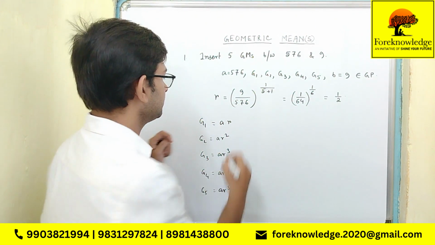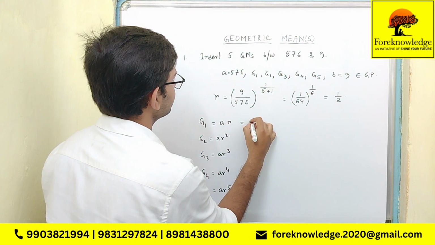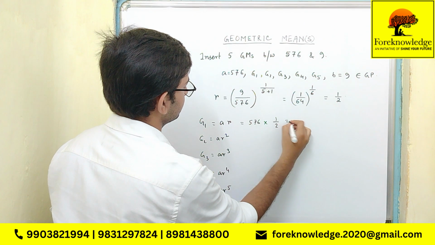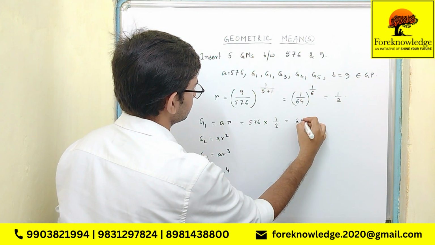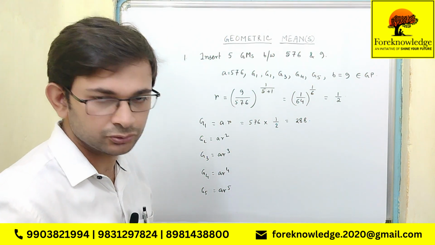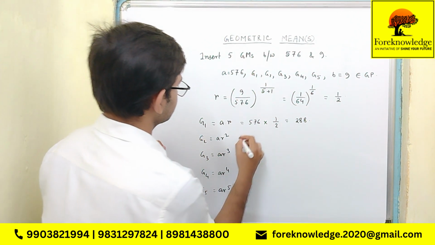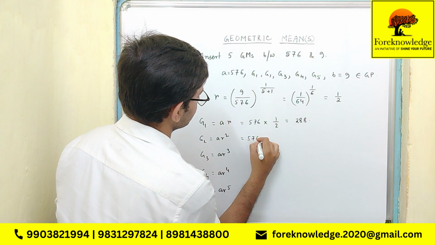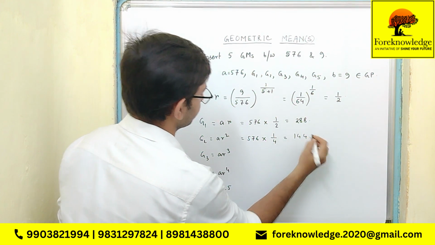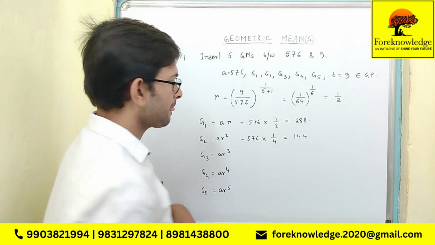The first one is 576 into r, that is half, which is 288. The second is 576 into 1 by 4, that is 144.